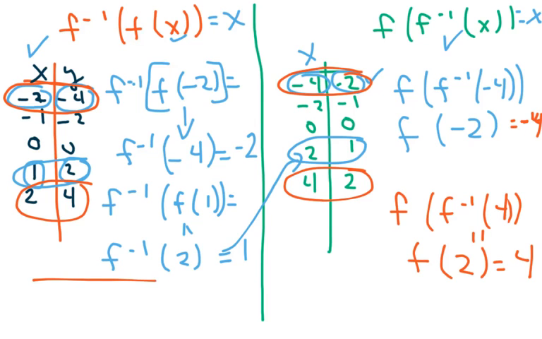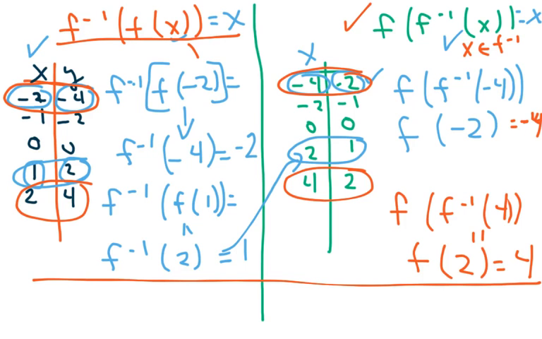All this is saying is that when you compose it, you're back to the domain of f inverse. So when you compose this way, x belongs to the domain of f inverse, and when you compose this way, x belongs to the domain of f. These are your domains.